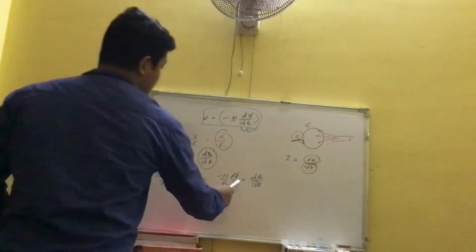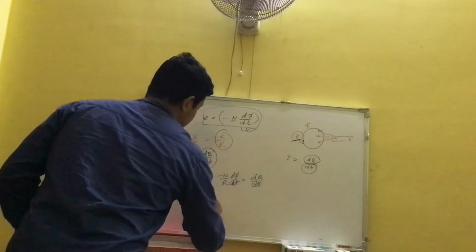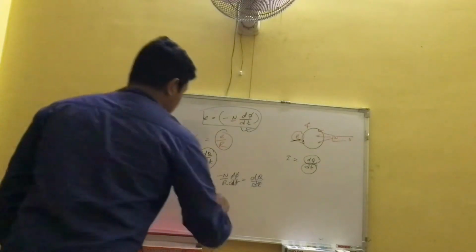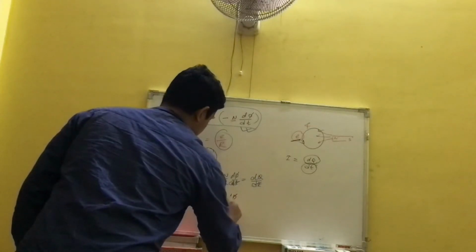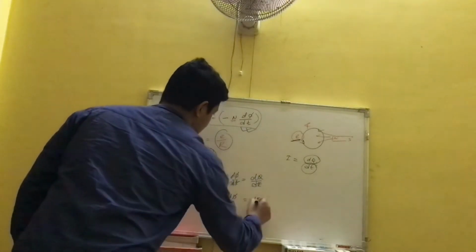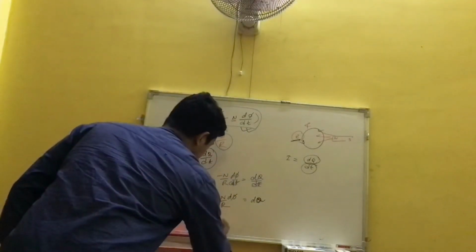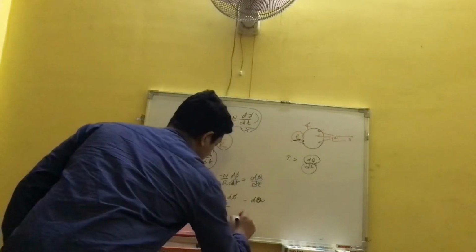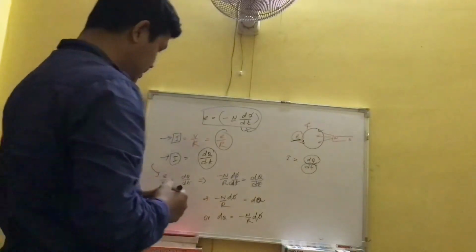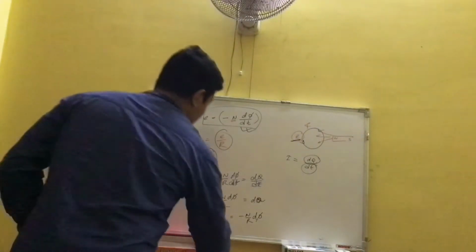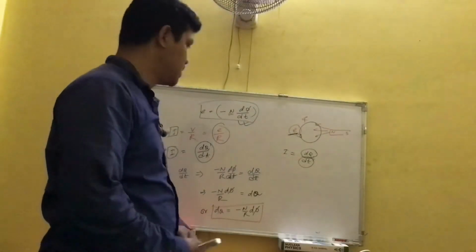Now removing dt from both sides, we get n d phi by R is equal to dq, right? Or we can write dq is equal to minus n by R d phi. So this is the induced charge. Hope you have understood. This is the expression for induced charge.